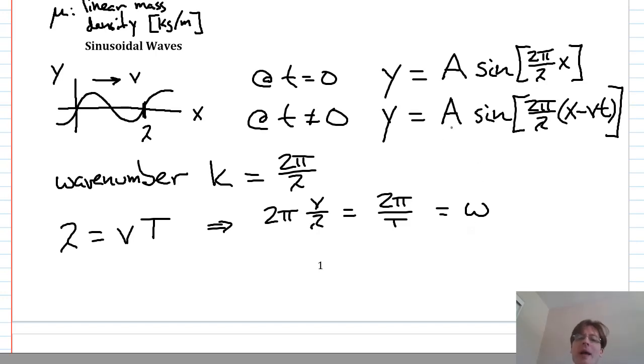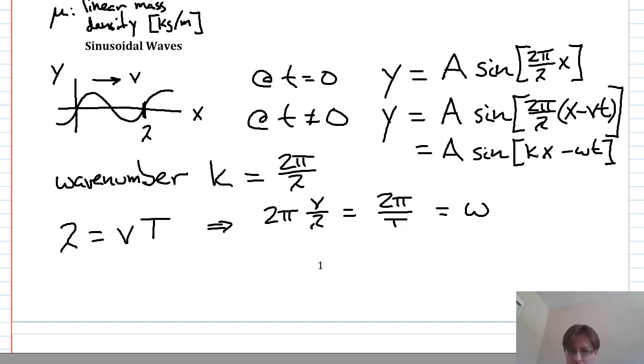So it means we can write our wave function in a simpler form, in an abbreviated way. The amplitude times sine of kx minus omega t. That's an abbreviated way to write it.